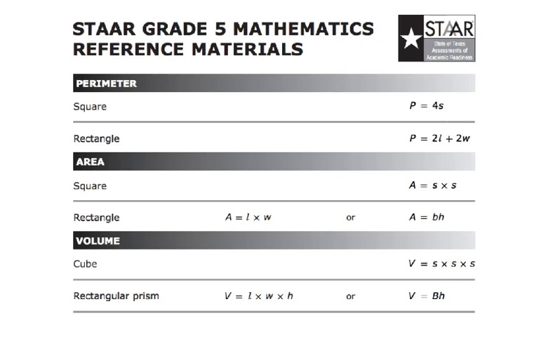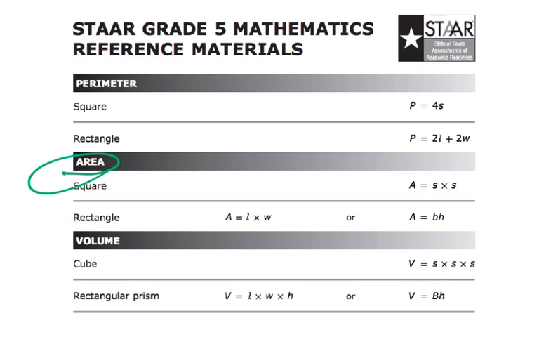All right, now I'm going to refer us back to the reference materials, because again, they do not expect you to memorize anything. Well, okay, they do expect you to memorize some things, but you don't have to memorize the formulas for finding area of a square or a rectangle.